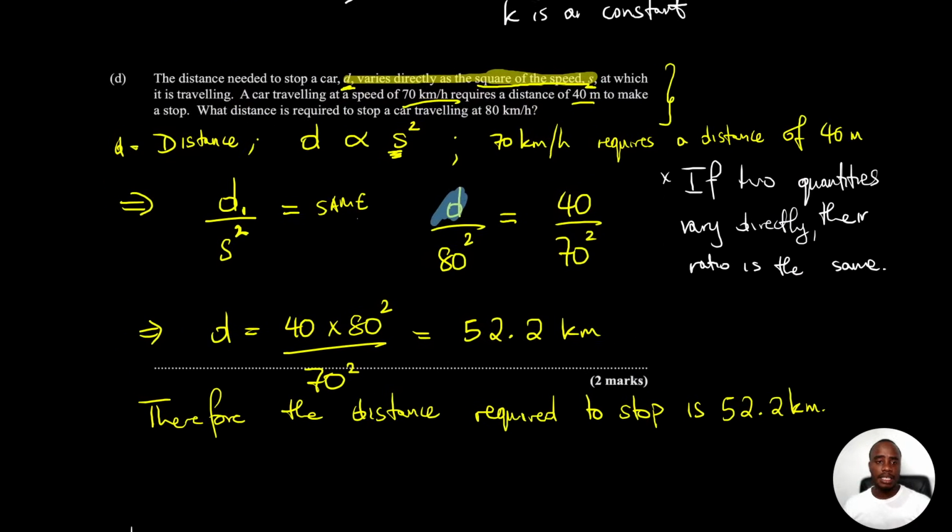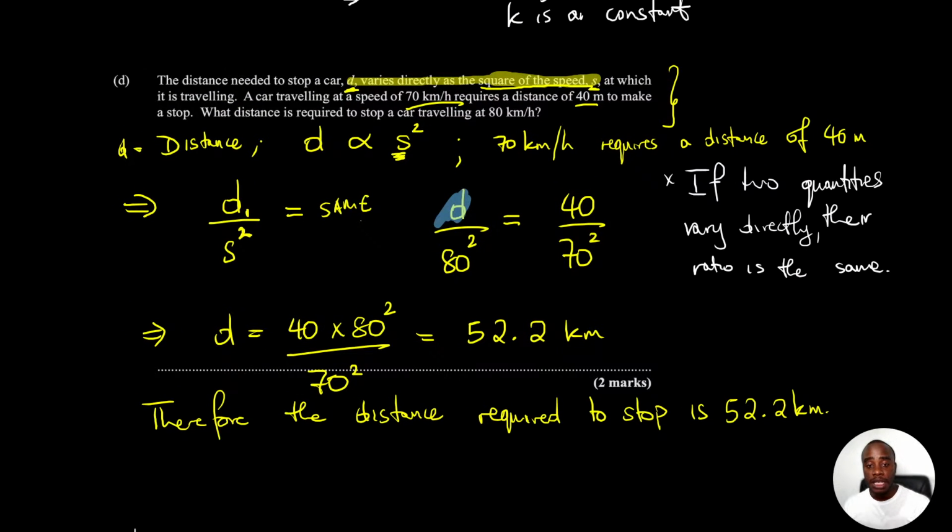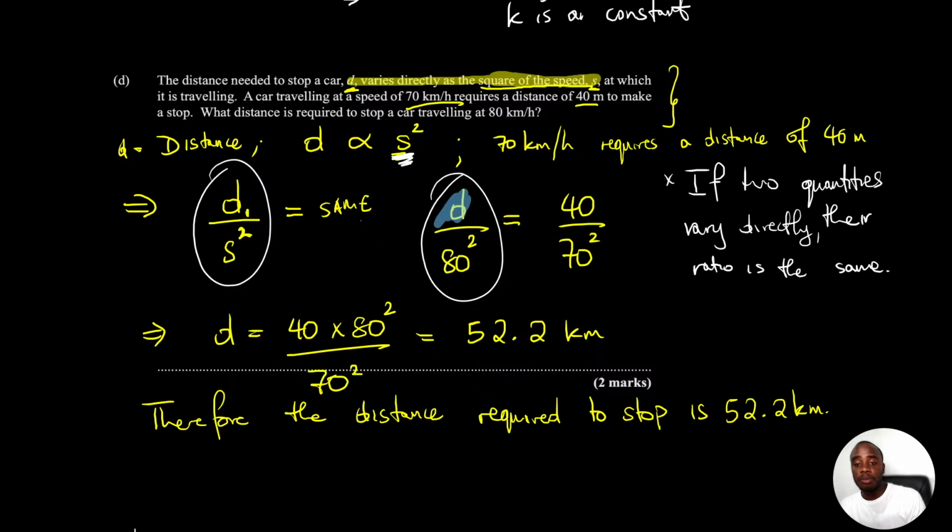The distance is directly proportional to the square of the speed. So whatever the ratio is for one of the quantities, it would be the same for all of them. So if it's 40 to 70 squared, it would be the same thing as D to 80 squared, and the same thing as P to 100 squared, or whatever they are. You understand? And because of that, we can figure out what the value is.